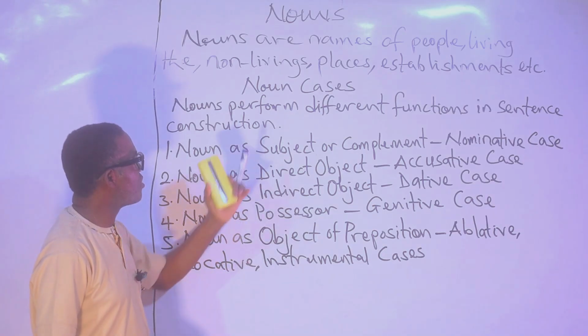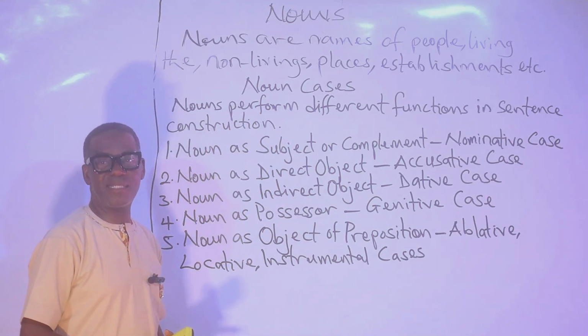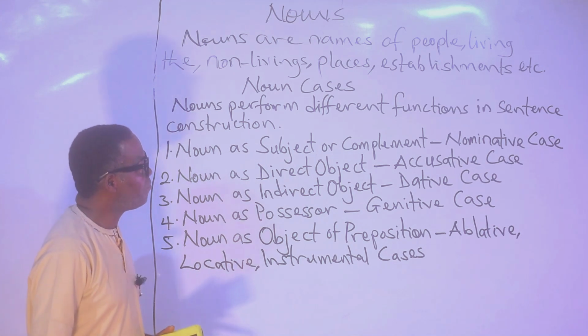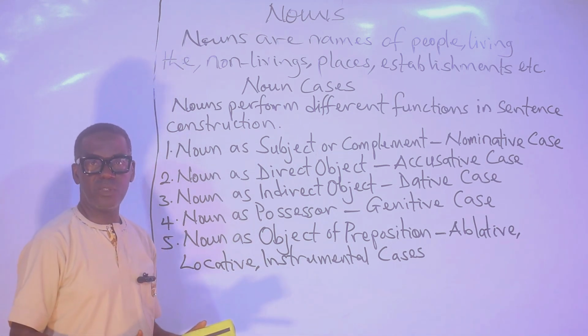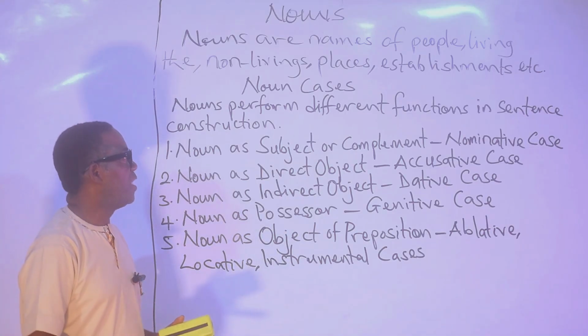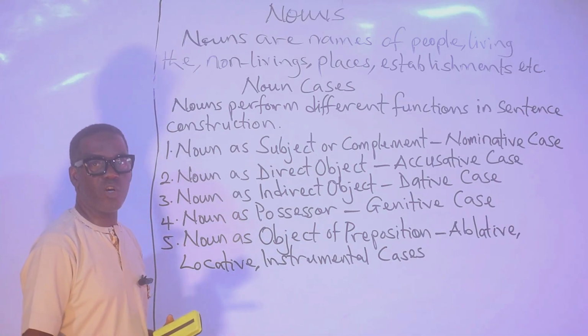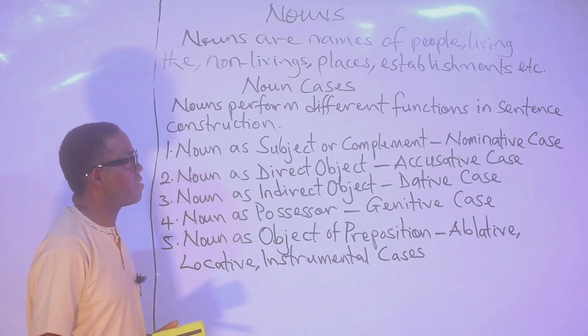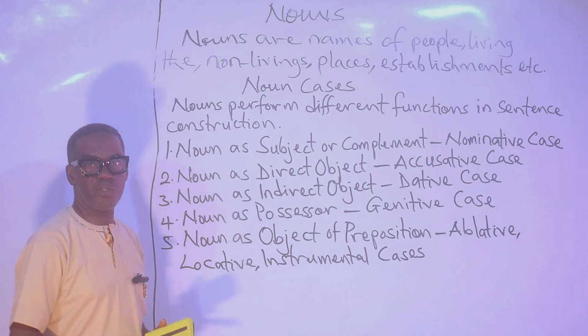The first thing we're going to consider is Hebrew cases. Hebrew cases actually talk about the work that nouns do in a sentence construction. Nouns perform different functions in sentence construction.